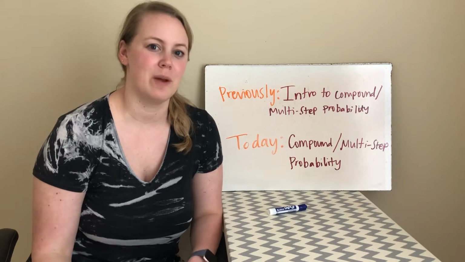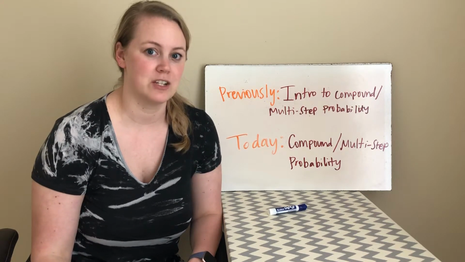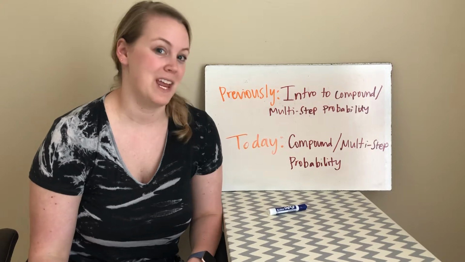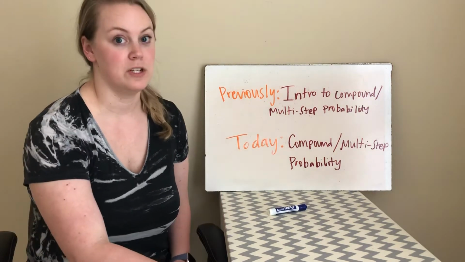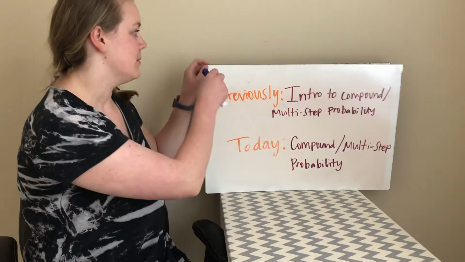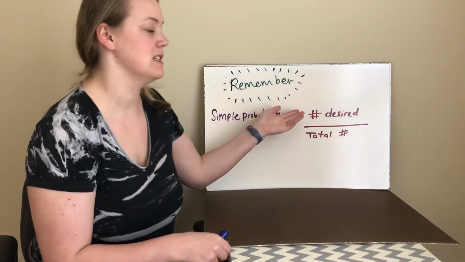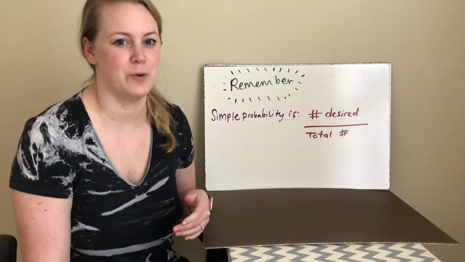Most often we're going to represent our probability as a fraction, but you may also represent it as a decimal or a percent. Now, in order to do this, you need to remember that simple probability is the number desired over the total number.